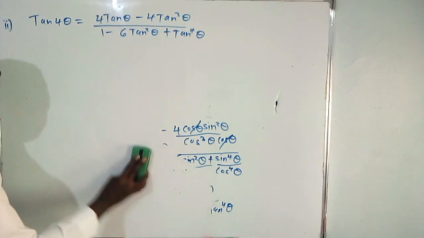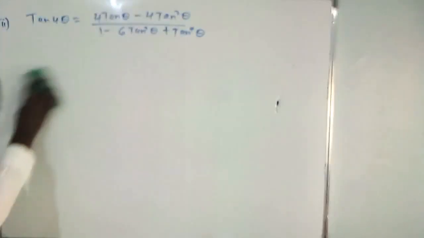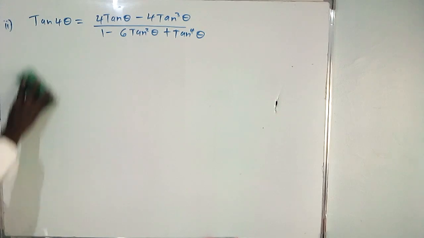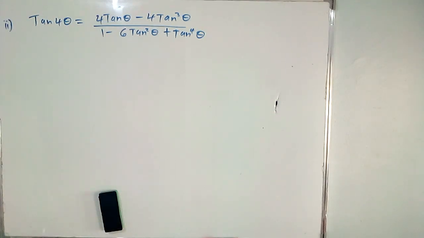Then after that, you use the relationship that tan 4 theta is sin 4 theta over cos 4 theta, isn't it? Then you simplify by changing everything to tan. Then you would have proved that trigonometric identity using DeMoivre's. So that is how to prove a trigonometric identity using DeMoivre's theorem. Okay? Are we together there?